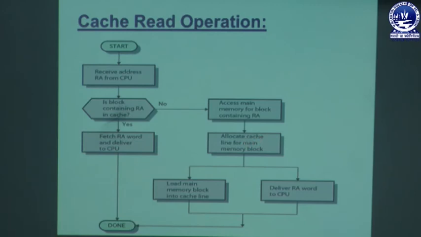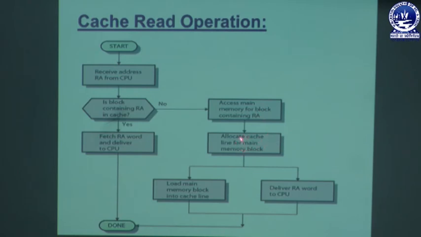That means we transfer the main memory content, which is placed in the main memory in block format, but in cache we store that block of information in a line. A small part of main memory is a block, but in the cache it is called a cache line.